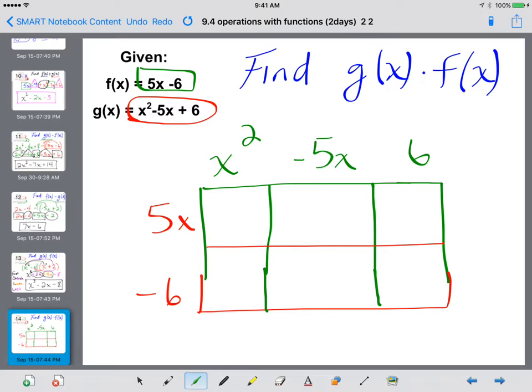So each term I'm going to multiply to get the next box. So for instance, I'm going to take x squared times 5x, and that is going to leave me with 5x to the third power.